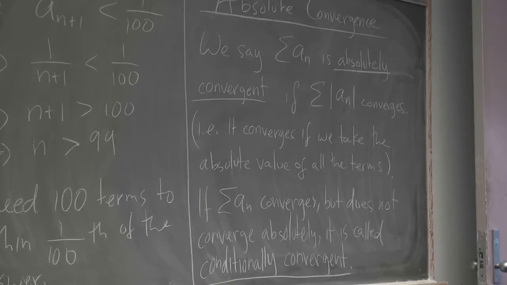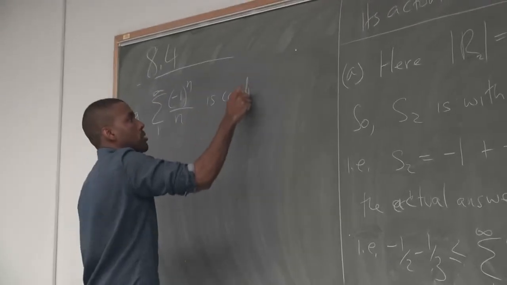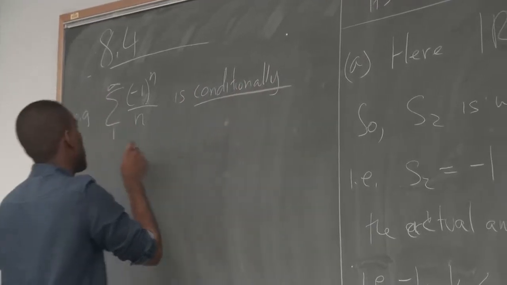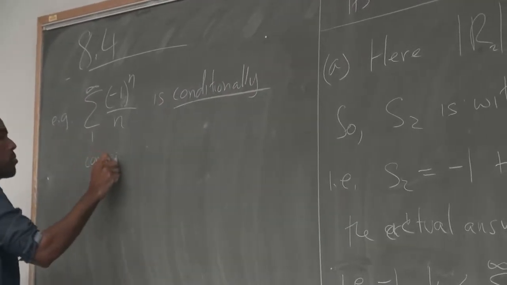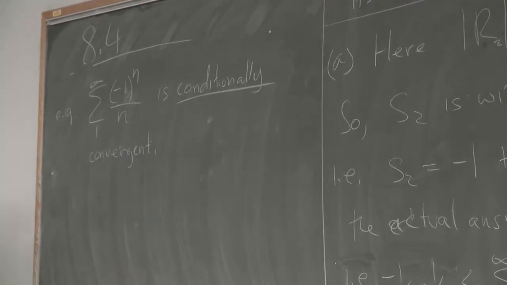Example, minus 1 to the n over n is conditionally convergent. Right?